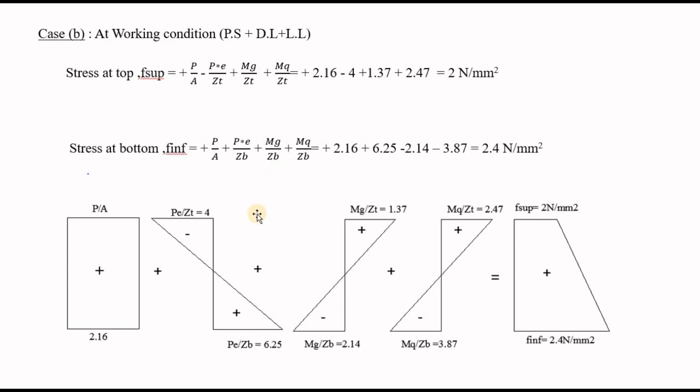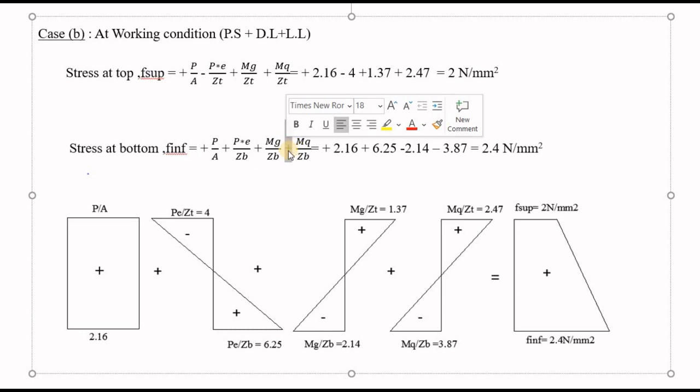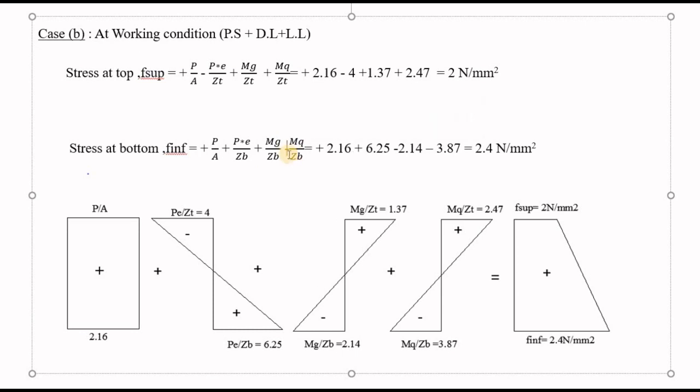I think again I had made a mistake here. It is not plus, it is minus. So it is minus Mg by Zb. Whatever value I have substituted is correct.